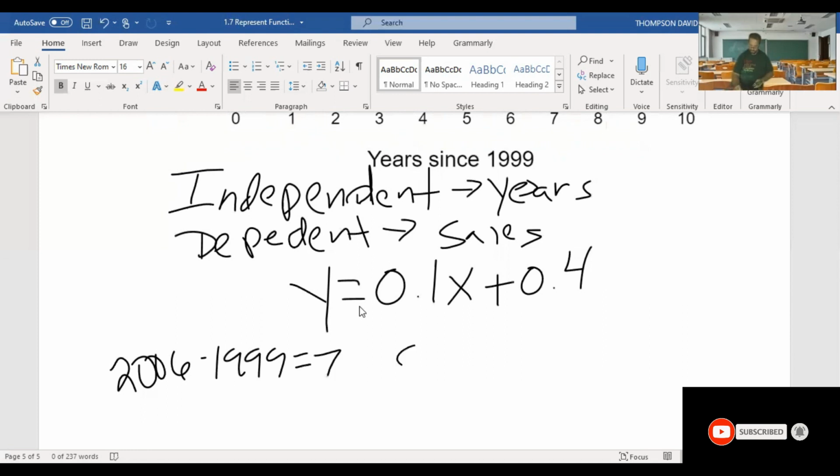So we get 0.1 times 7 plus 0.4 is 1.1 million.